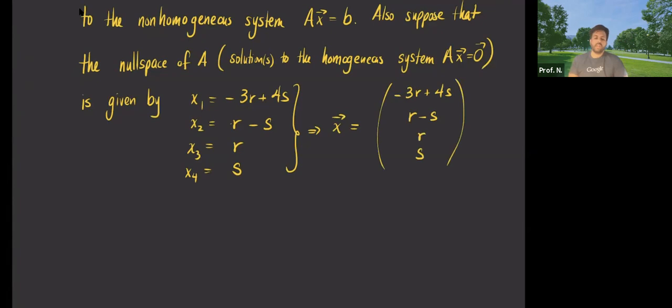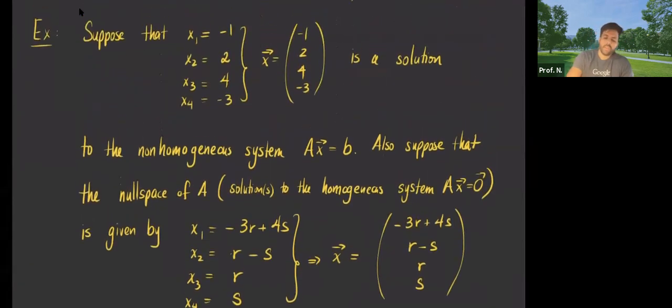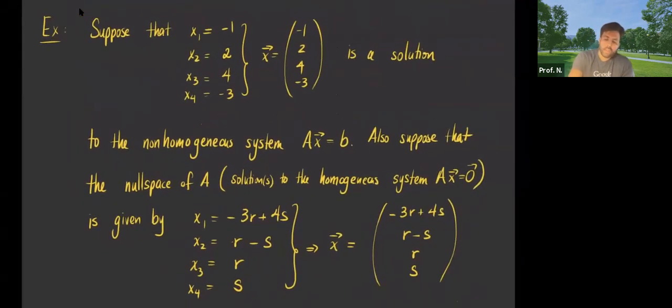Okay, so what are we given? We're given a solution to the non-homogeneous system, right? This is the non-homogeneous system. And then we're also given the solution to the homogeneous system.